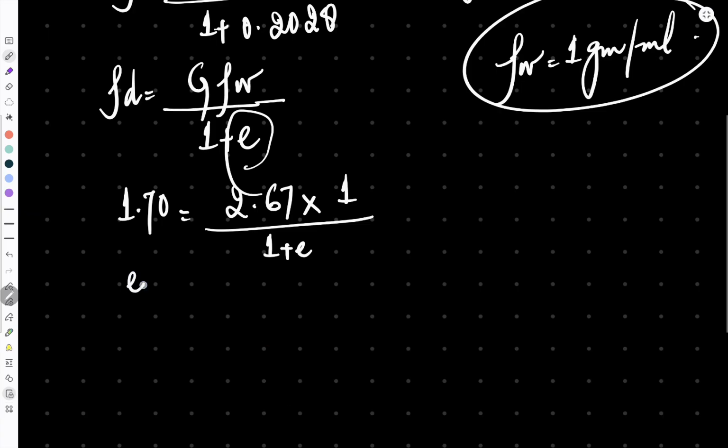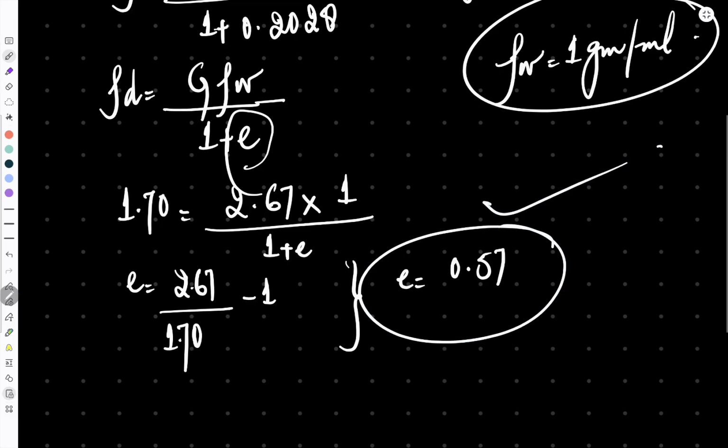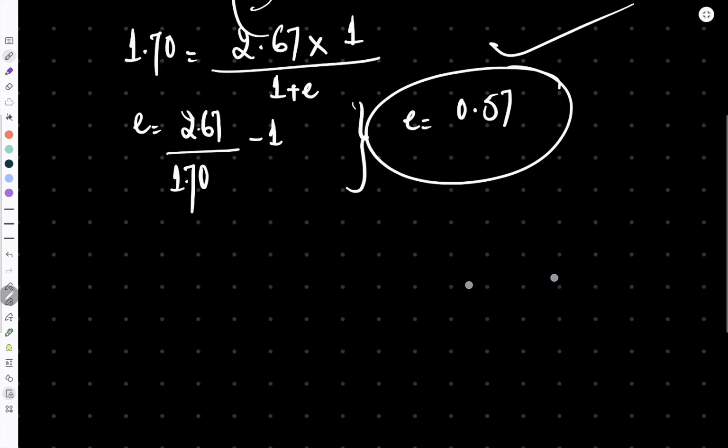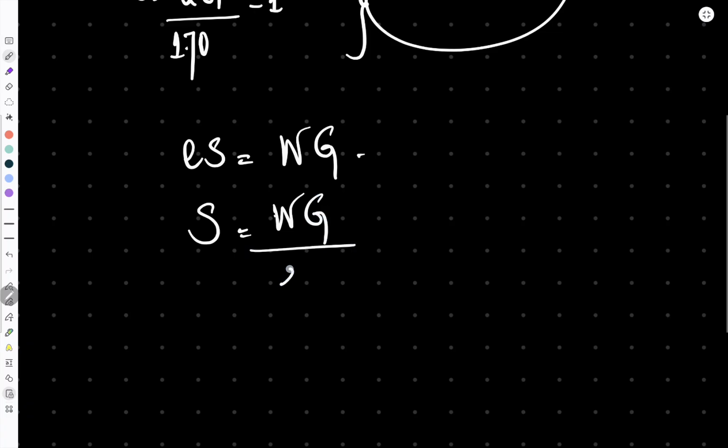By calculations, e is equal to 0.57. So I just found out the void ratio. Now I can very easily find the degree of saturation because we know eS is equal to wG. S is equal to wG divided by e.